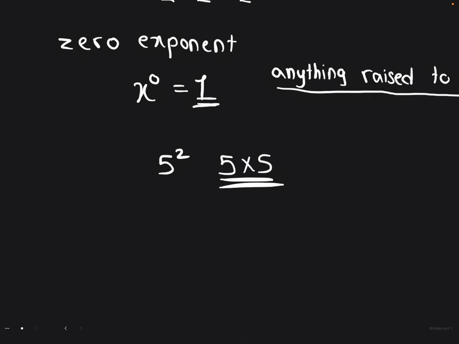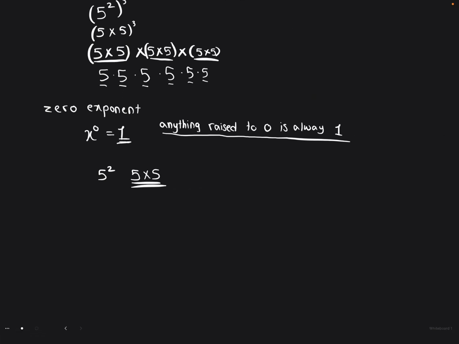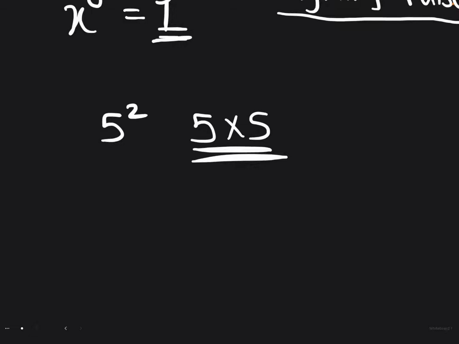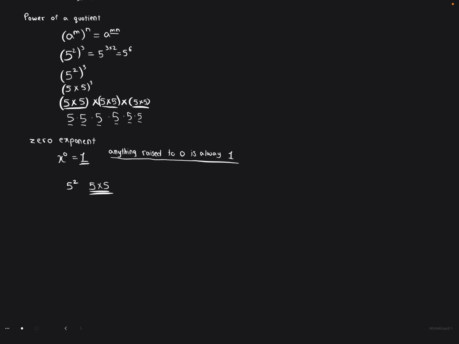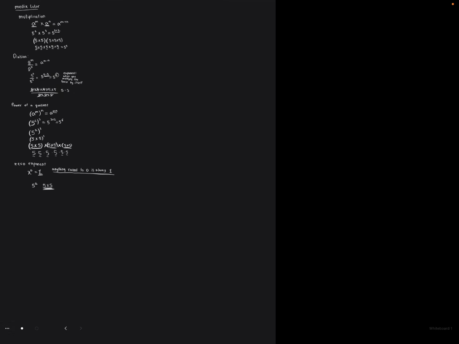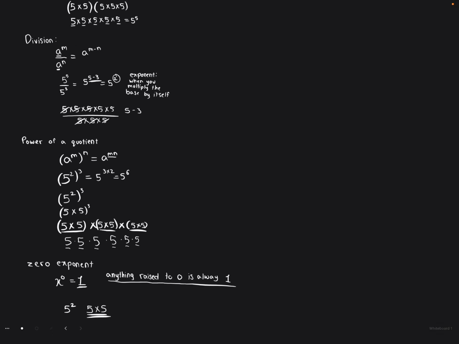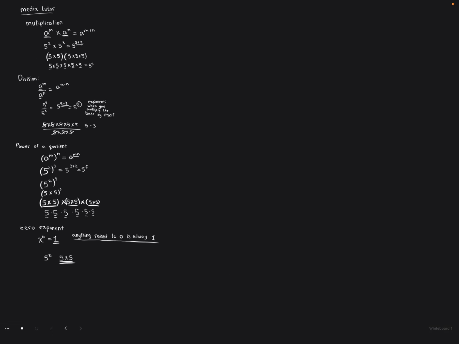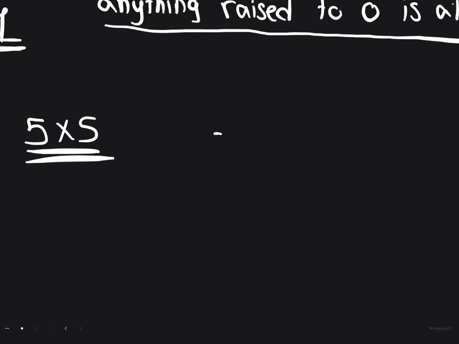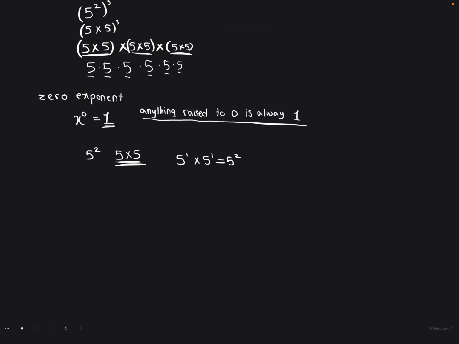But as the law states, when you multiply two things, you're adding their exponents. So what's happening here is 5 to the 1 into 5 to the 1, which is 5 to the 2.